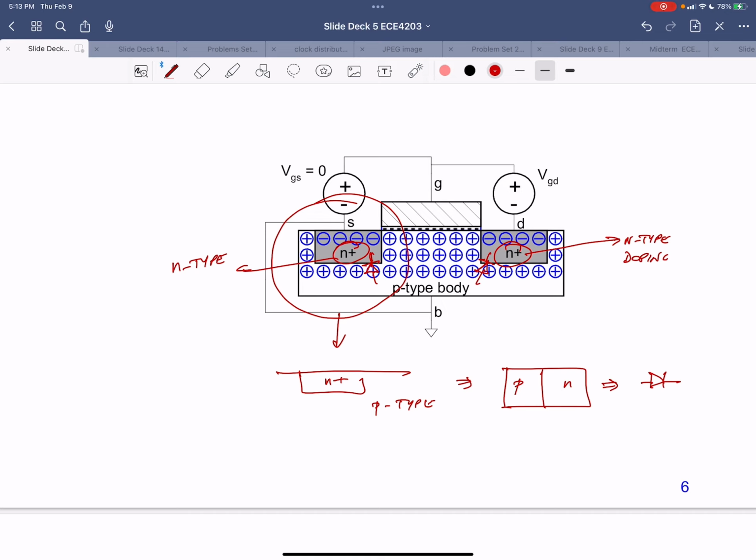If I have my substrate connected to ground, I've grounded this end of the diode for both source and drain.